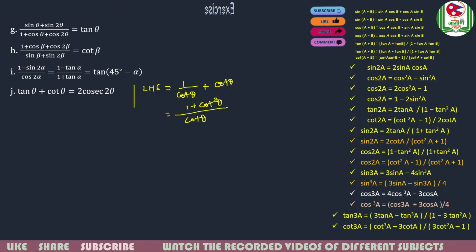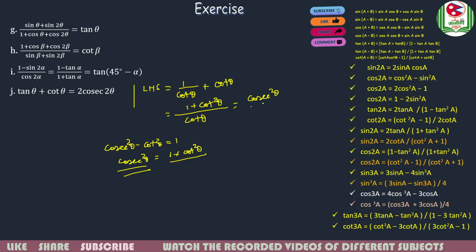And you have to remember one thing: cosec square theta minus cot square theta is equal to 1. So cosec square theta equals 1 plus cot square theta. So instead of this 1 plus cot square theta, we can write cosec square theta.